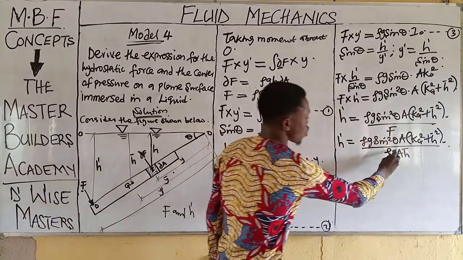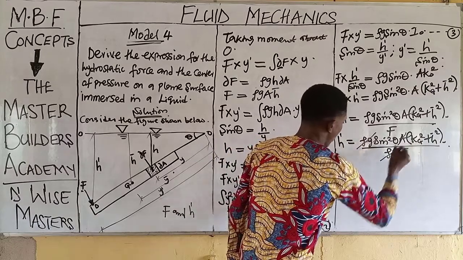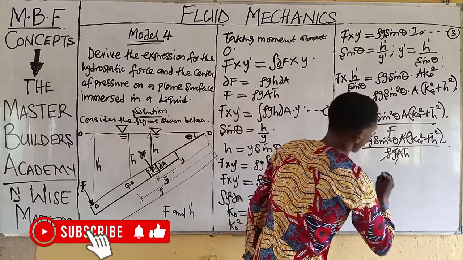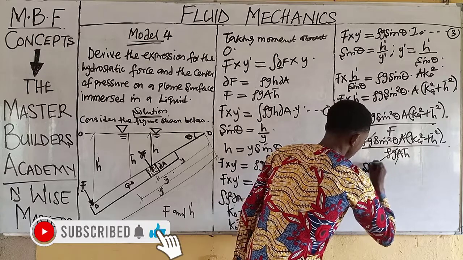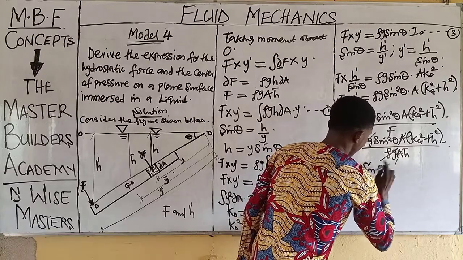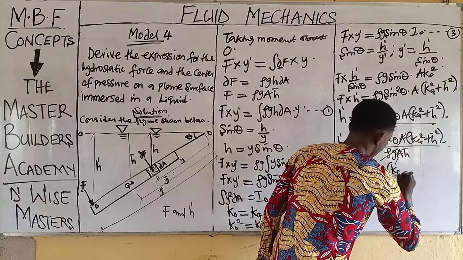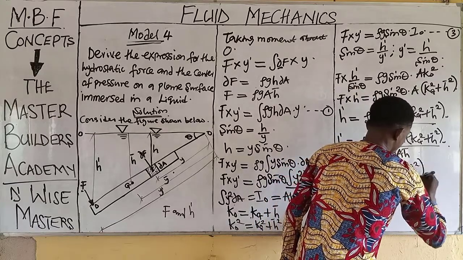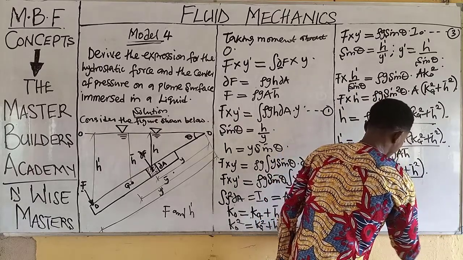So at this point, rho g takes care of rho g, A takes care of A. We have h prime is equal to sine squared theta into kg squared plus h bar squared all over h bar.